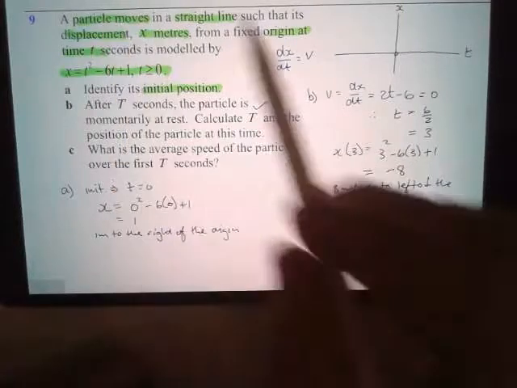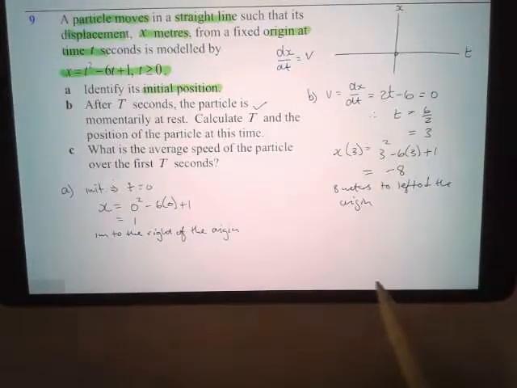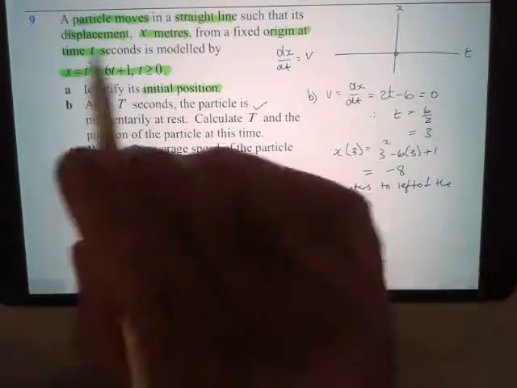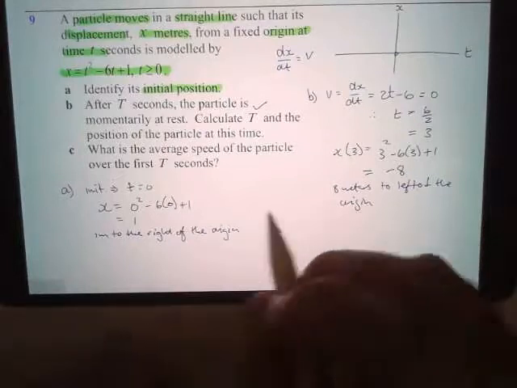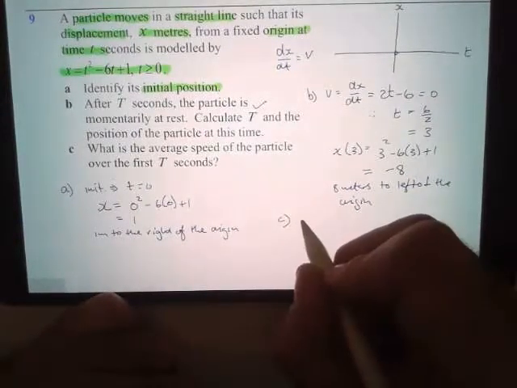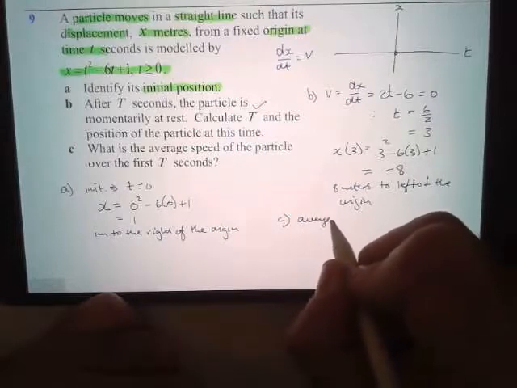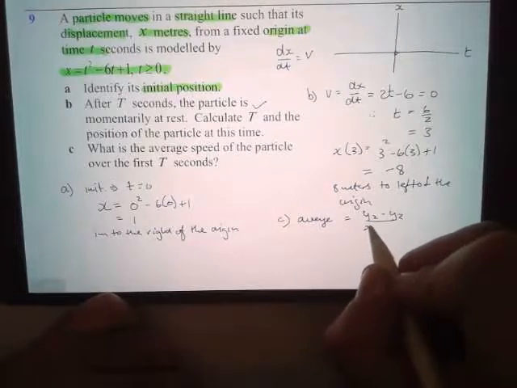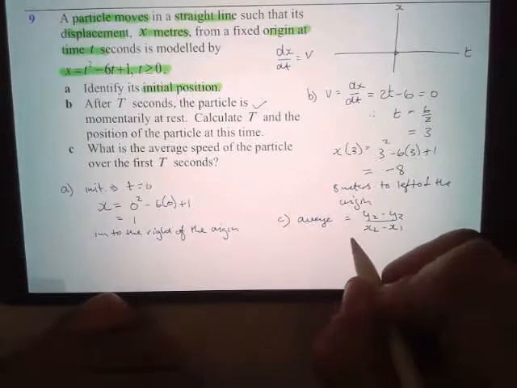Now, what's the average speed over the first t seconds? We know, doesn't matter how this graph looks, the moment we look at average, the average equals the change, x2 minus x1.